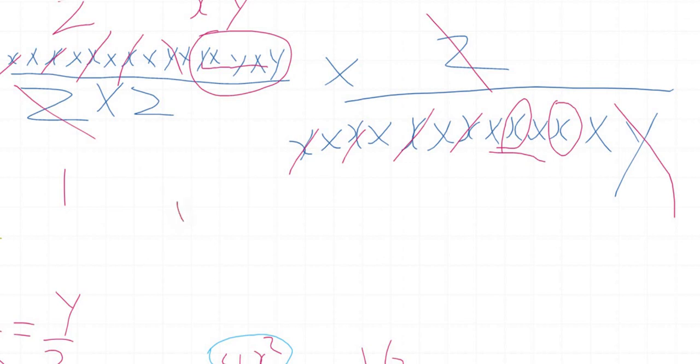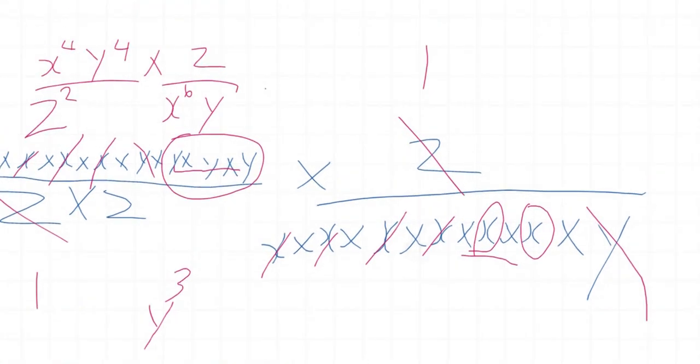All right. So we have y raised to the third power times 1, because we had a 1 right here. A 1 is right here. So this y will be multiplied by that.